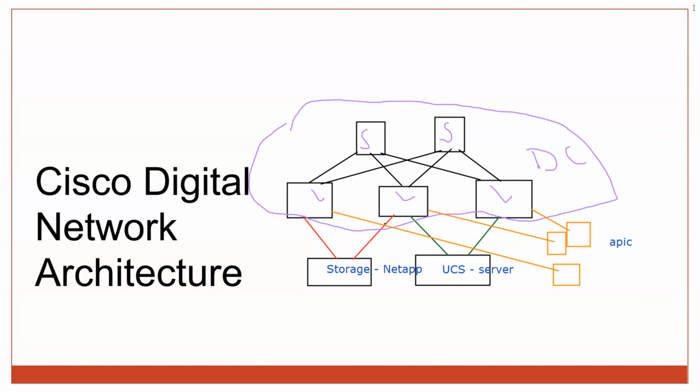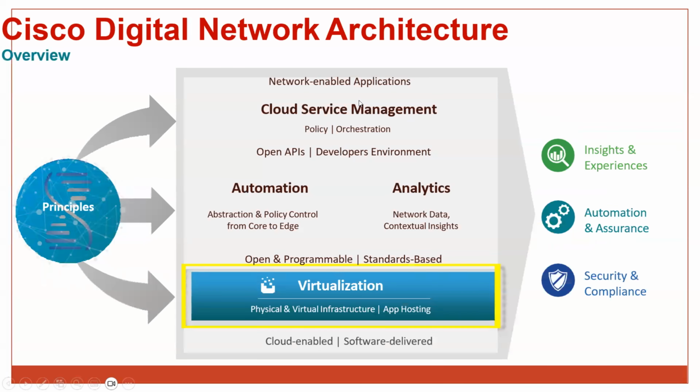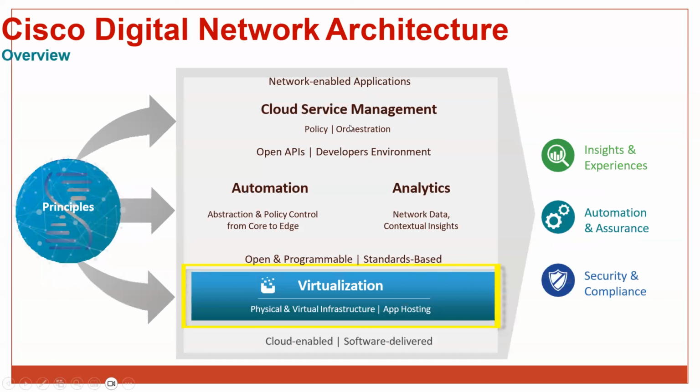Great. So now you can see this digital network architecture. Whatever options you are seeing here are related to DNA, related to LAN. The same thing you can do from ACI for the DC.